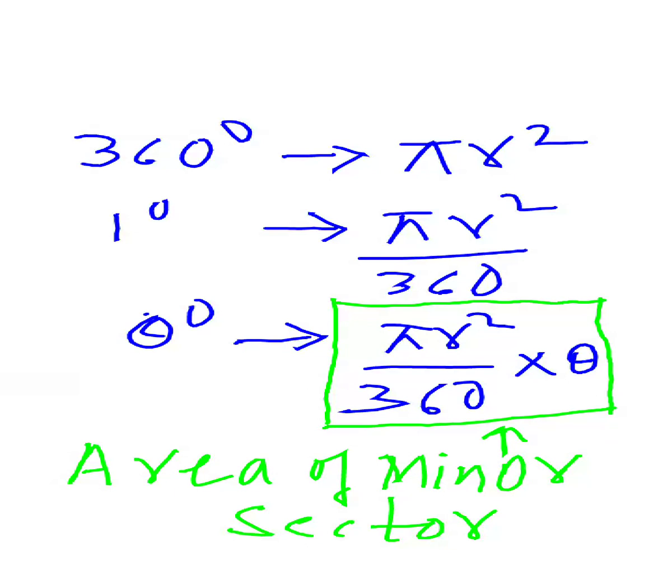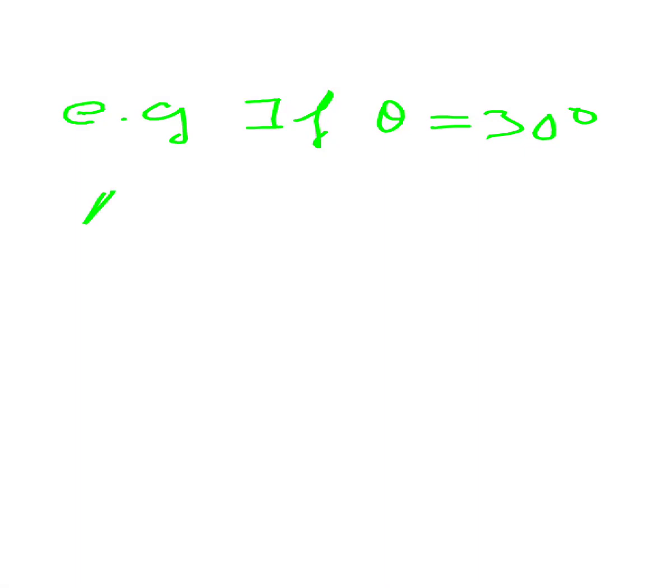Okay, suppose the angle theta is equal to 30 degrees. So what will be the area of the minor sector?